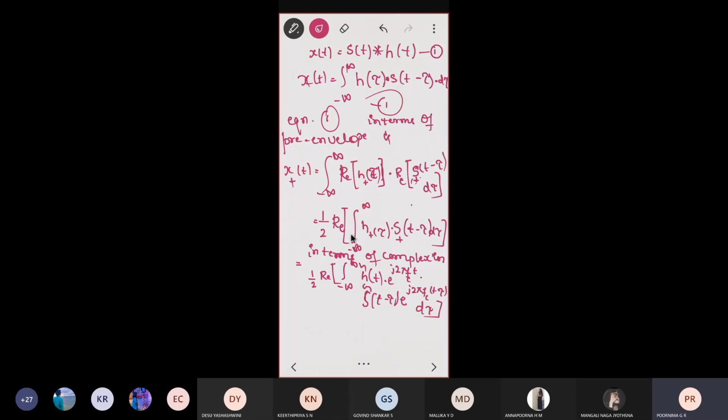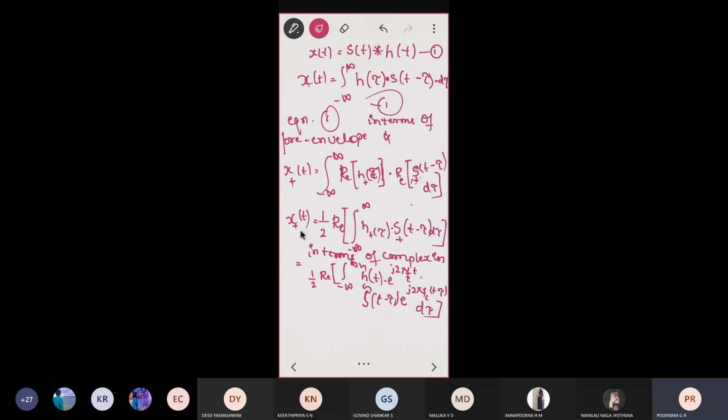This is equal to half, because by the property of the pre-envelope h plus of tau, we know that 2h of tau is involved. Therefore, we have taken this half when considering only the real part from the pre-envelope. This is the pre-envelope x plus of t of the bandpass system output.